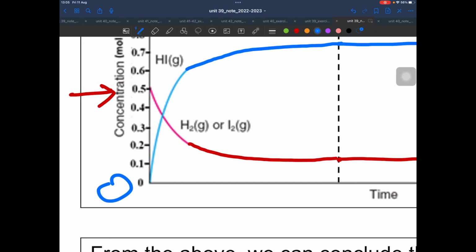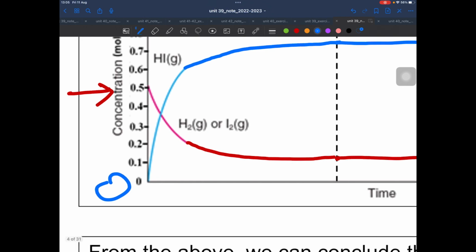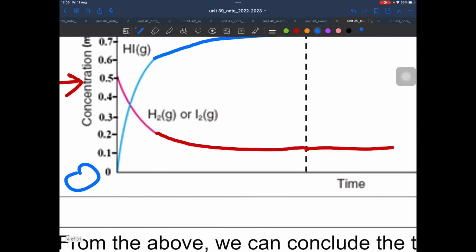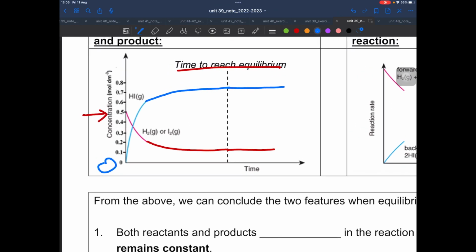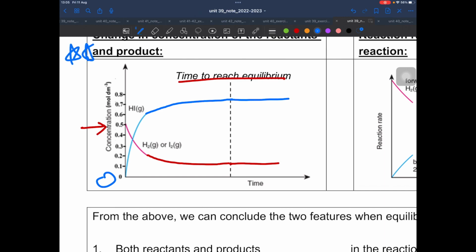At the start, of course, there is plenty of hydrogen, so the reaction rate should be highest. That's why the slope is the highest. But as time passes with less and less hydrogen, the reaction rate slows down and the slope is smaller, like this. Alright, this is the first graph you should pay attention to.